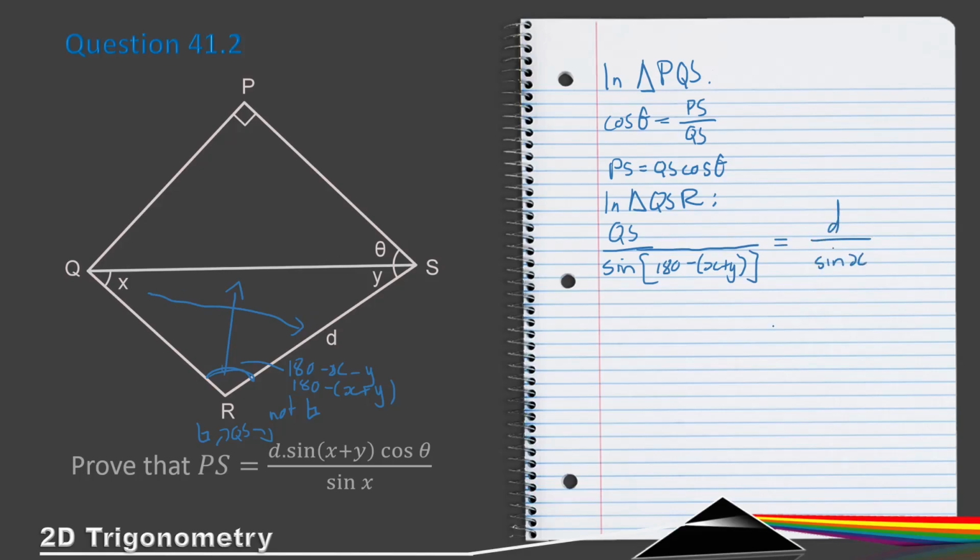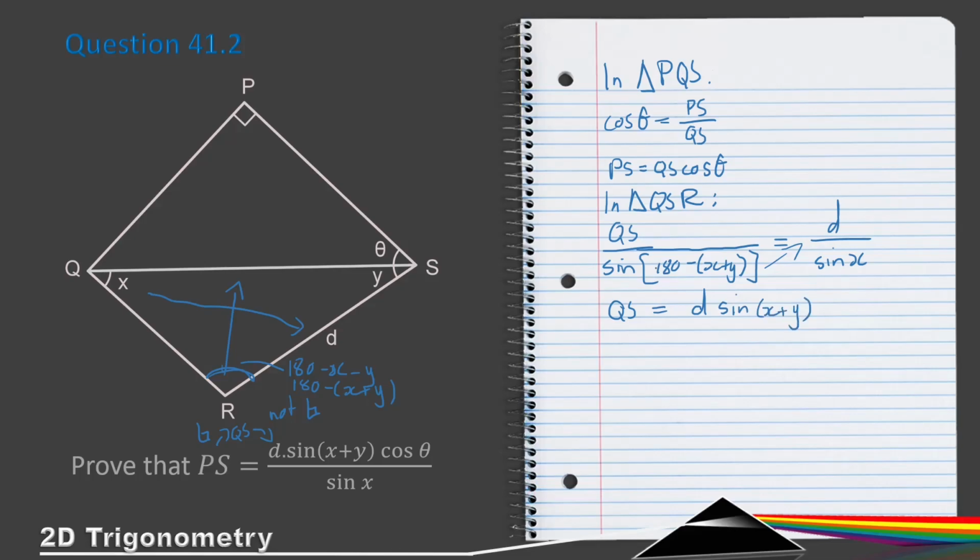Okay, now two things. We're going to solve for QS, and as I take it up, I'm going to use the reduction formula to simplify that. So QS is equal to d, and then this reduces to sine of x plus y.